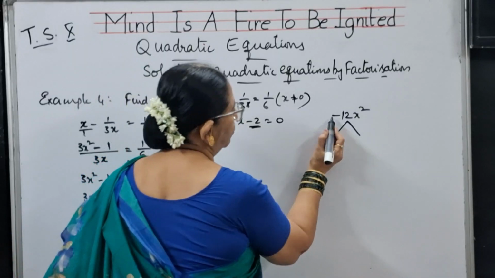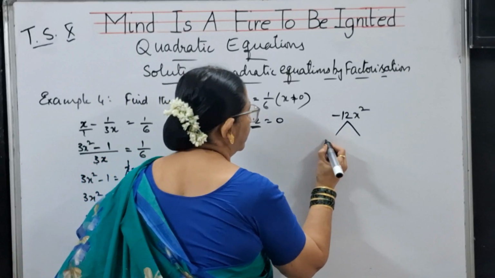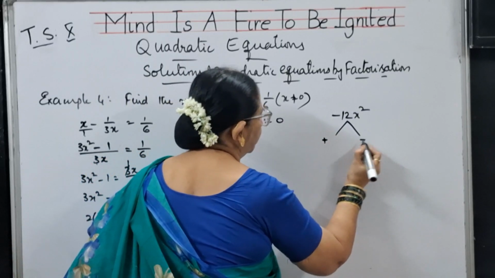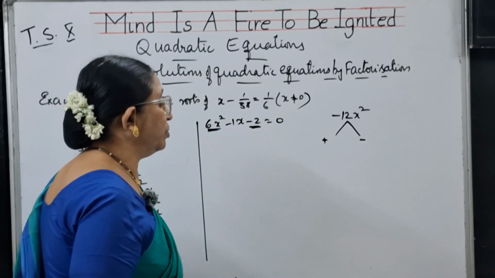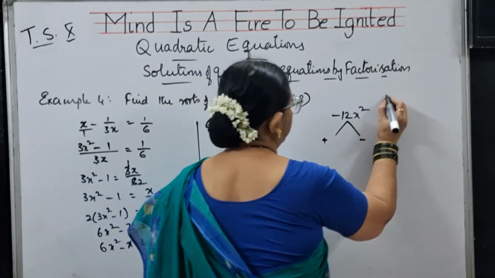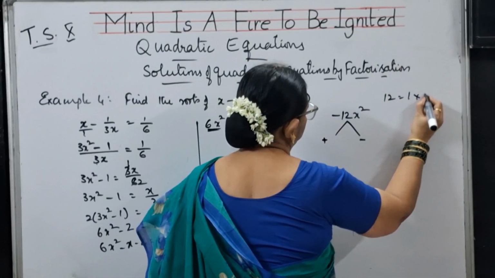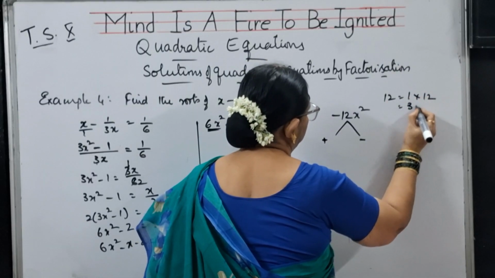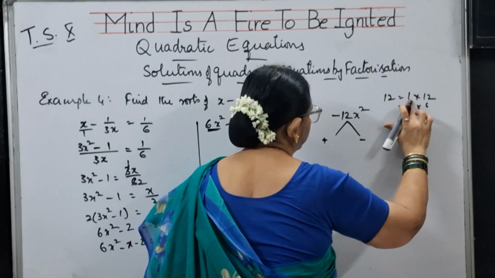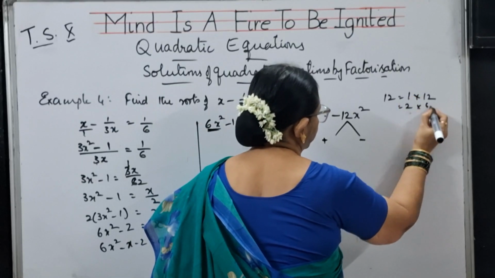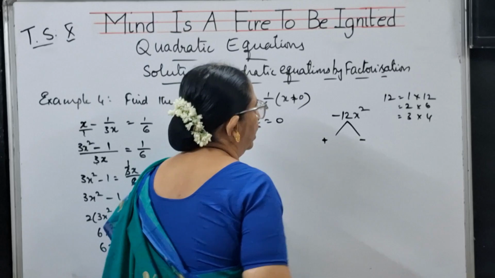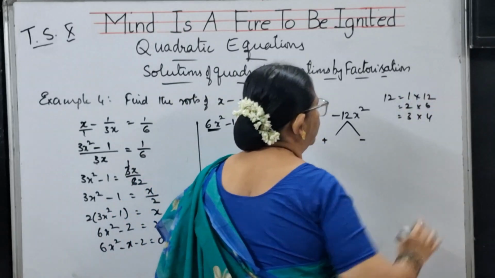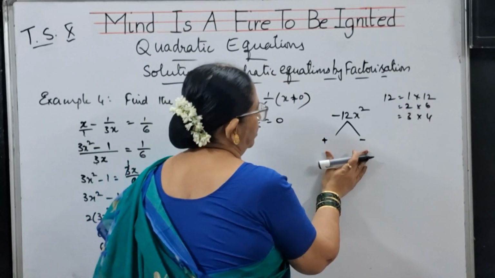As we know pretty well, because you have minus here, one value should be plus, one value should be minus. So, what are the factors of 12? 12 can be written as 1 into 12, 2 into 6 and 3 into 4. Any one set among these will be suitable.